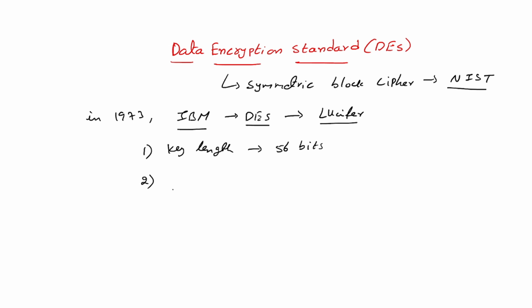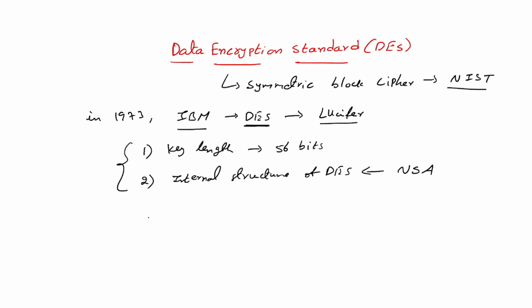The second one is the internal structure of DES, which has a trapdoor for attacking. It was identified by the National Security Agency. Based on these two reasons, some criticisms were made of DES.